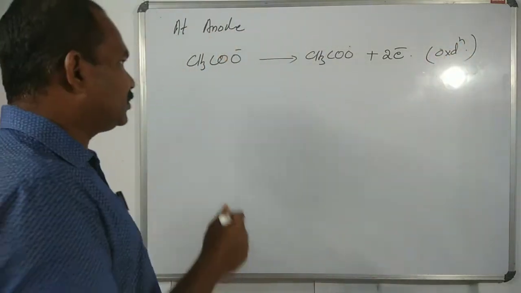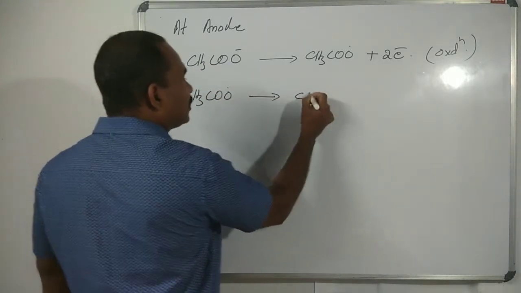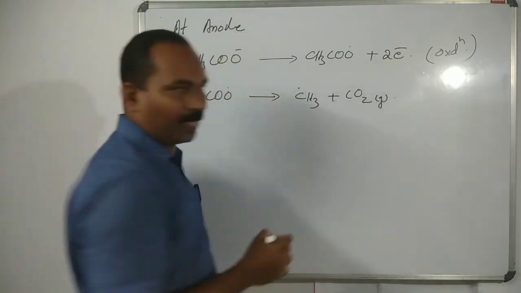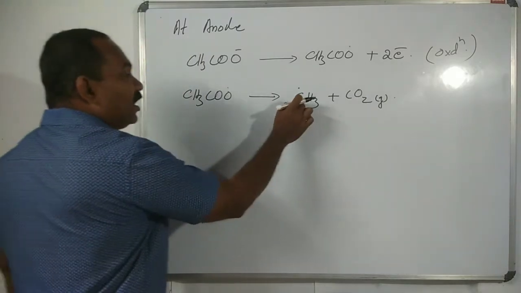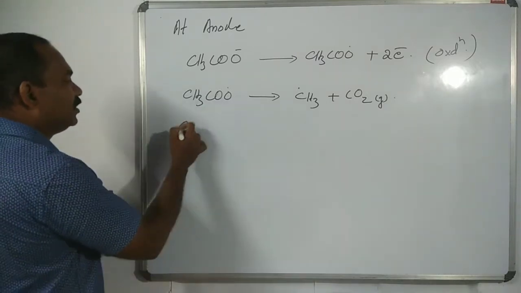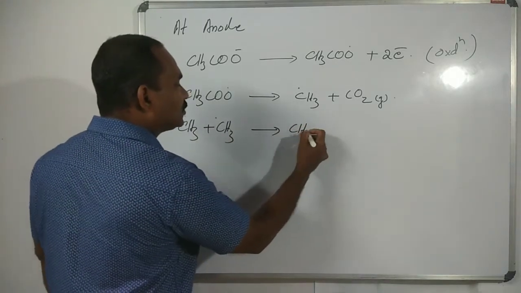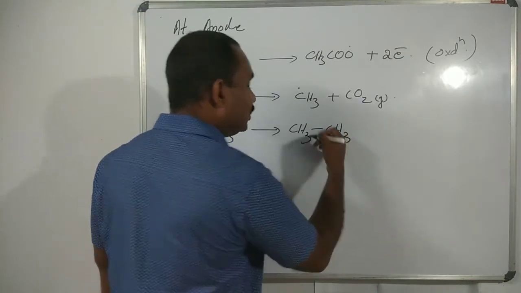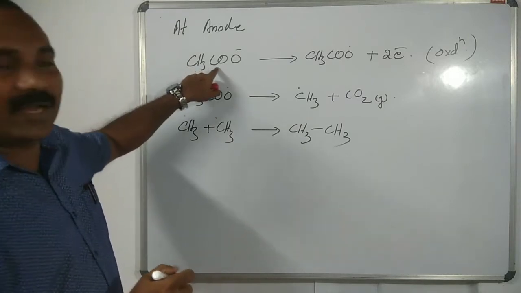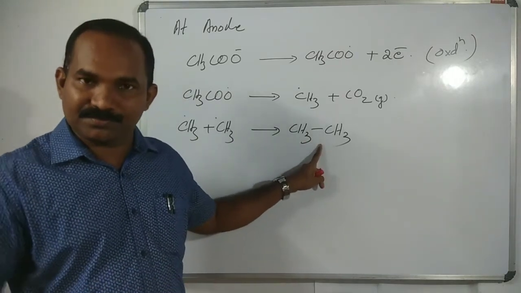Oxidation is the removal of electrons. And that CH3COO free radical gives CH3 free radical plus CO2 gas. You know that alkyl free radicals are highly reactive and unstable. So CH3 free radical plus CH3 free radical, we get ethane. So the alkyl group attached to the carboxyl group appears twice in the product.